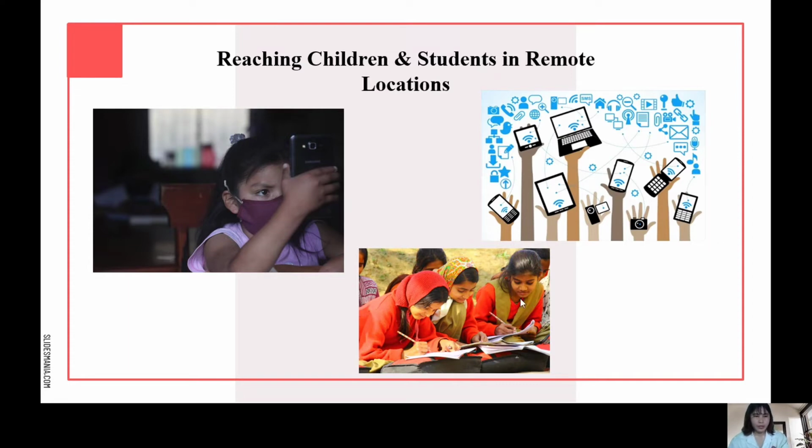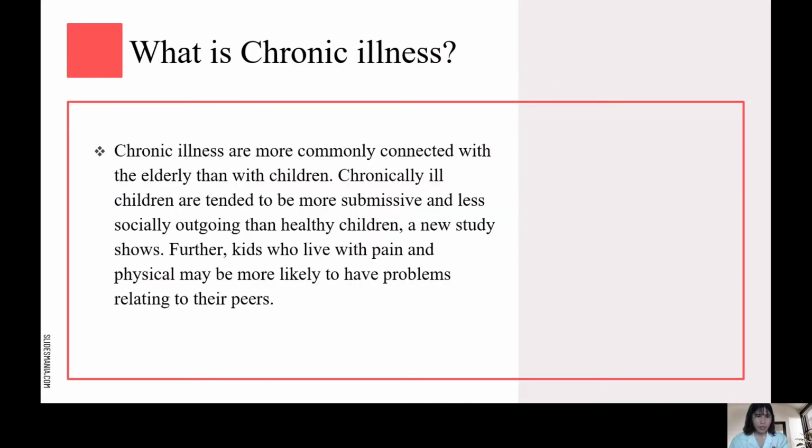So next is, what is chronic illness? Chronic illness is more commonly connected with the elderly. Chronically ill children tend to be more submissive and less socially outgoing than healthy children. A new study shows further that kids who live in physical pain are more likely to have problems relating to their peers.